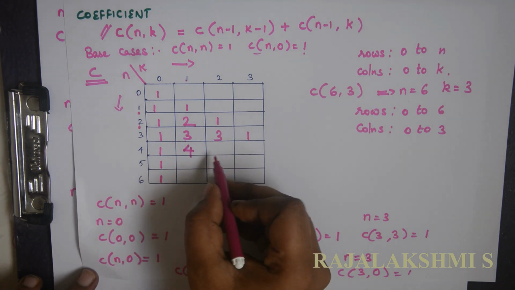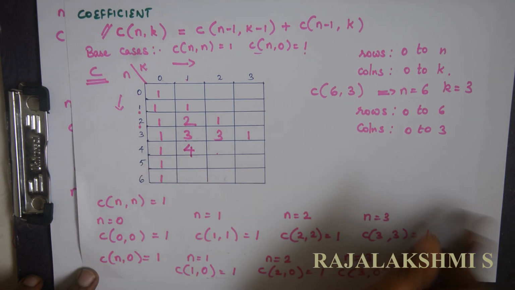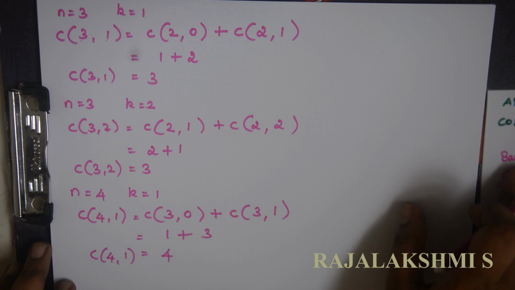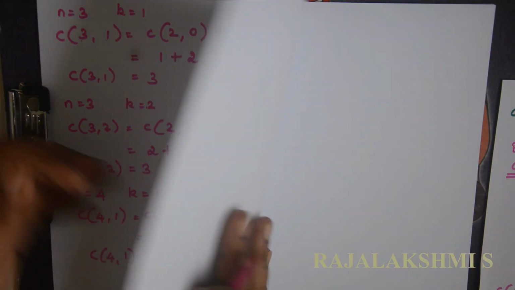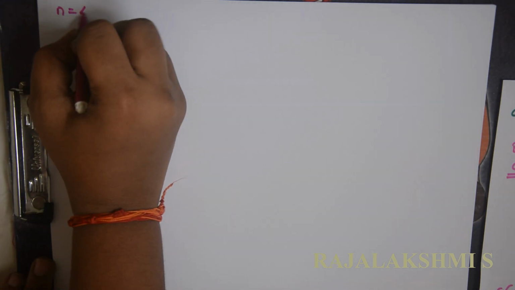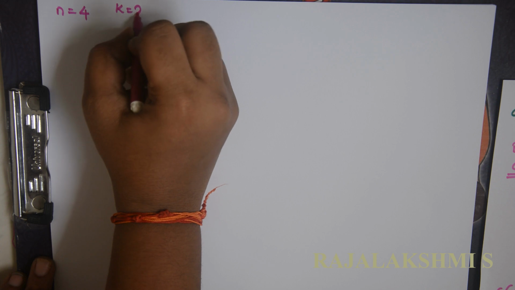Okay. So now we should find 4 comma 2, right? When n is equal to 4 and k is equal to 2.